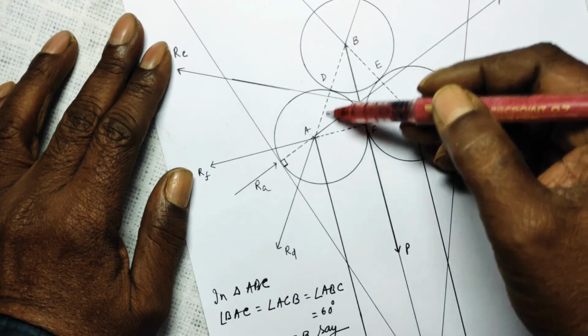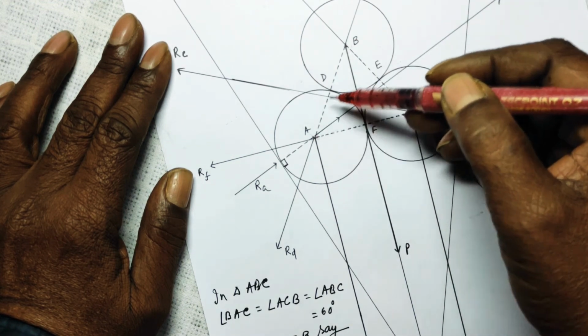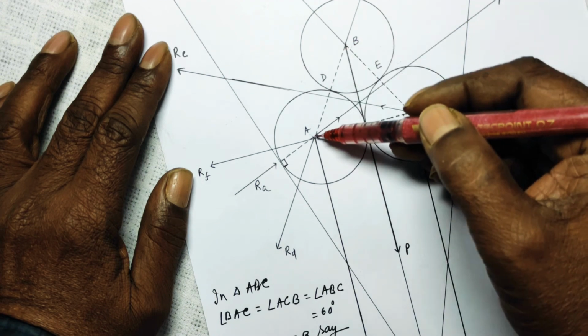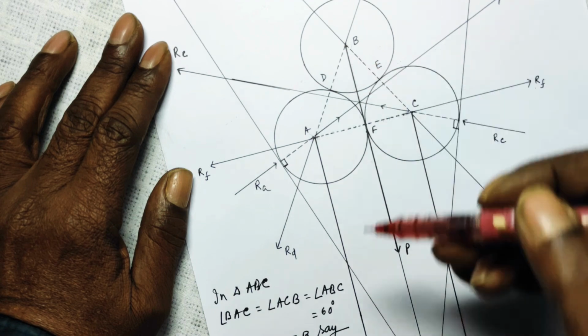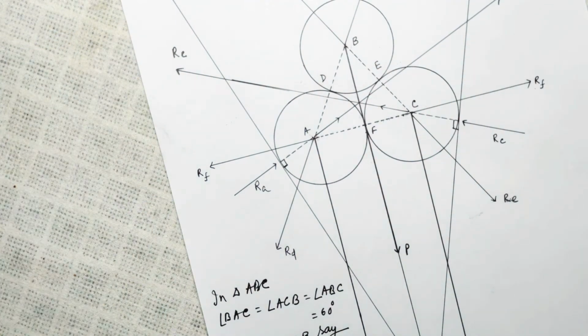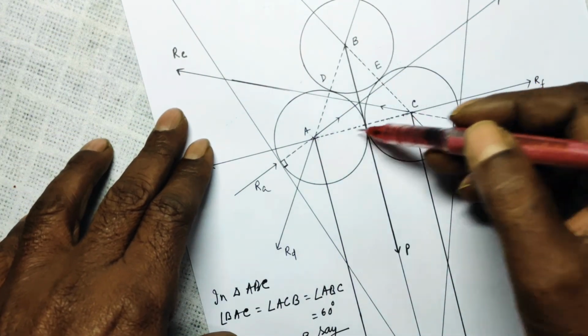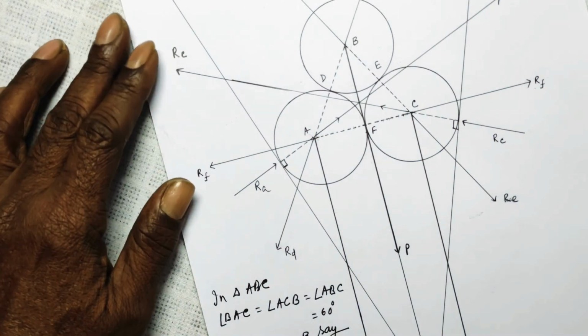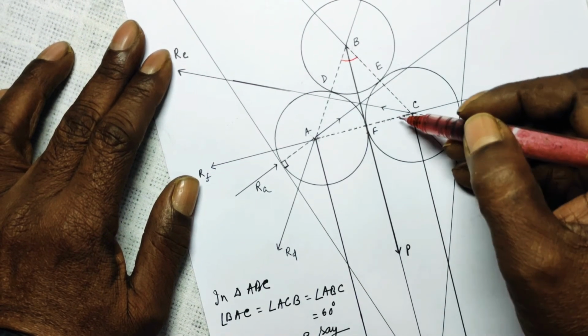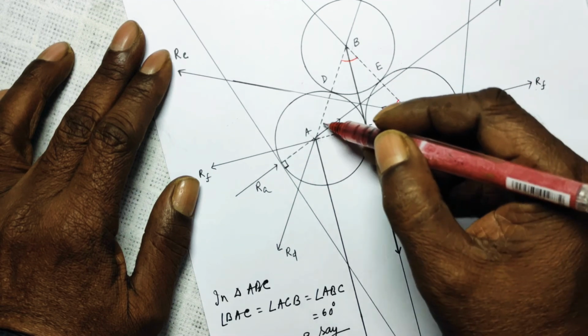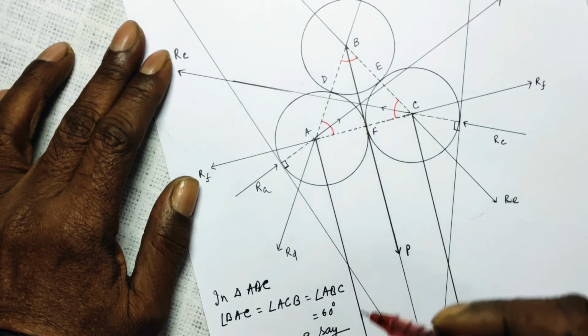Similarly, AB, the center of this cylinder to center of this cylinder, the distance is AD plus DB, that is equal to R plus R, that is 2R. So the triangle ABC is an equilateral triangle. So this angle will be 60, this angle will be 60, and this angle will be 60 degree.